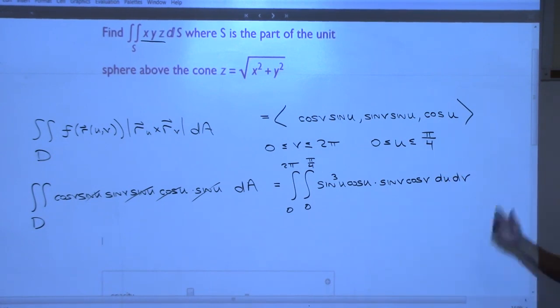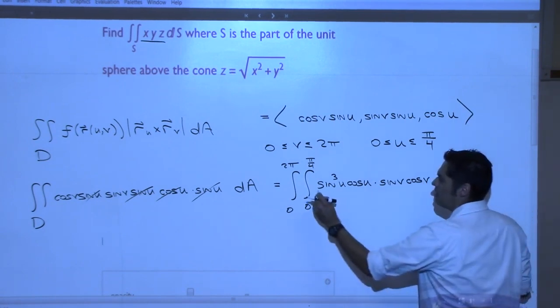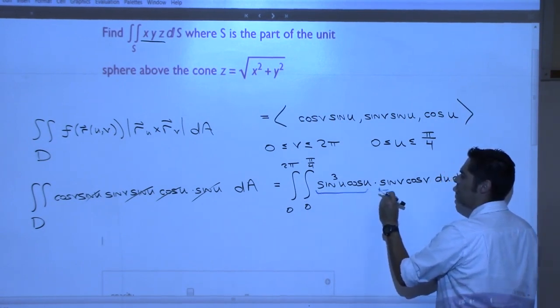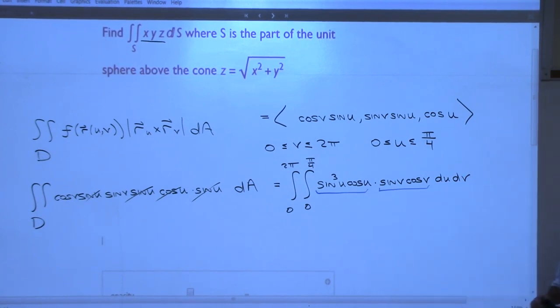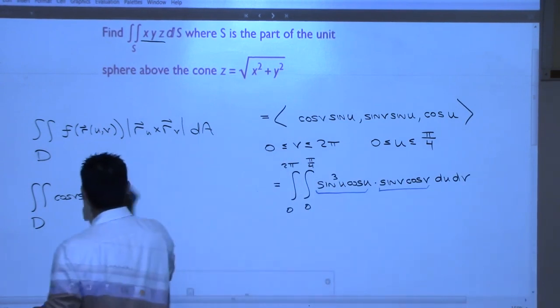At this point, we kind of know what we have to do. I'm also going to notice that all my stuff with u's in it can be separated from all my stuff with v's. When that happens, we can split this into two integrals and multiply those two answers together. I'm just going to do it to show off that we know what we're doing.